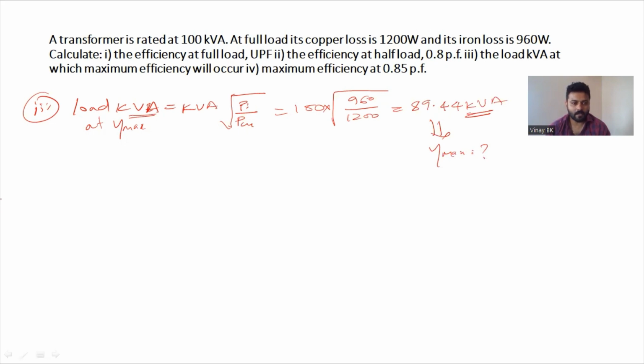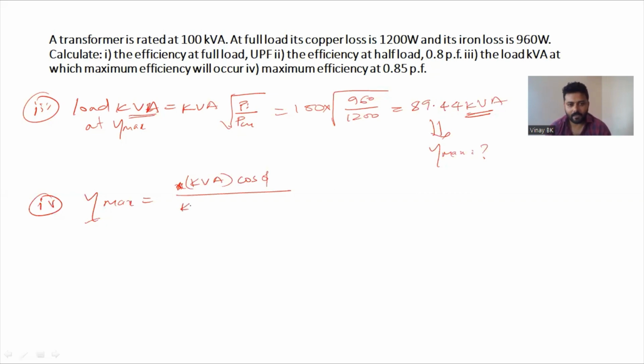So fourth point, what did they ask? They asked you to find the maximum efficiency, eta max. The maximum efficiency is given by kVA rating into power factor divided by kVA rating into power factor, anyhow it is for full load only always, so you no need to write the value of x.